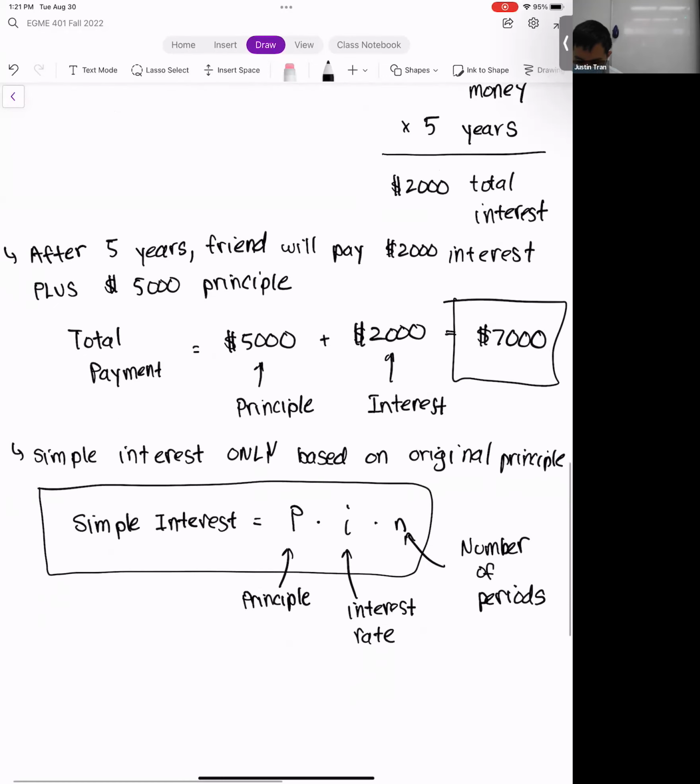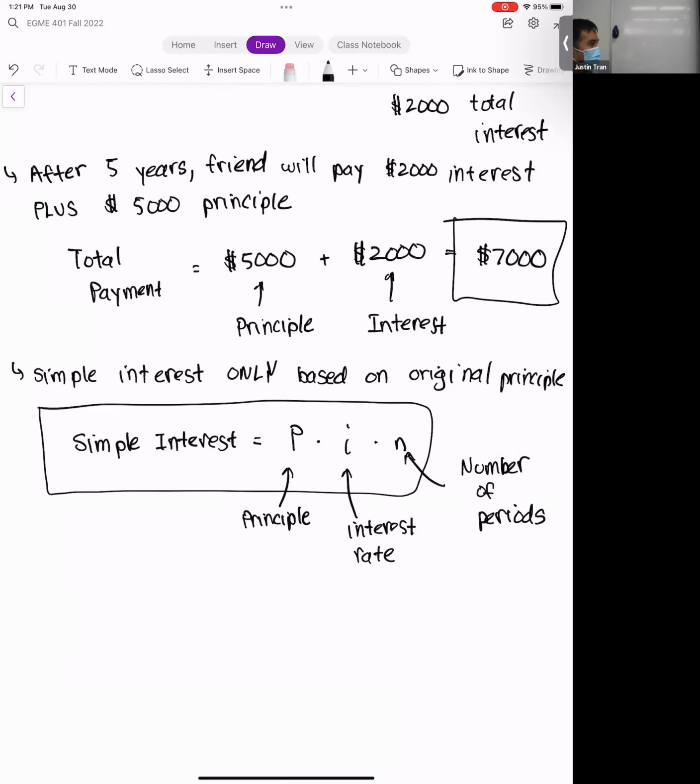It's a very simple formula. You just take those three things and multiply them with each other.